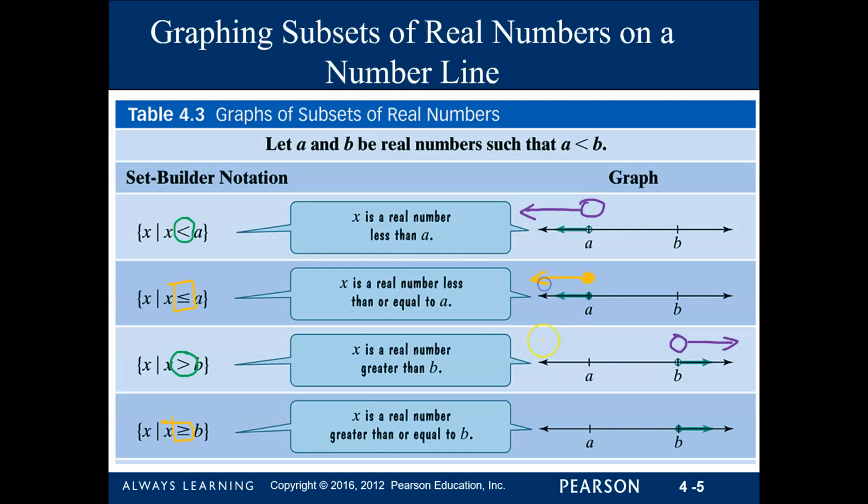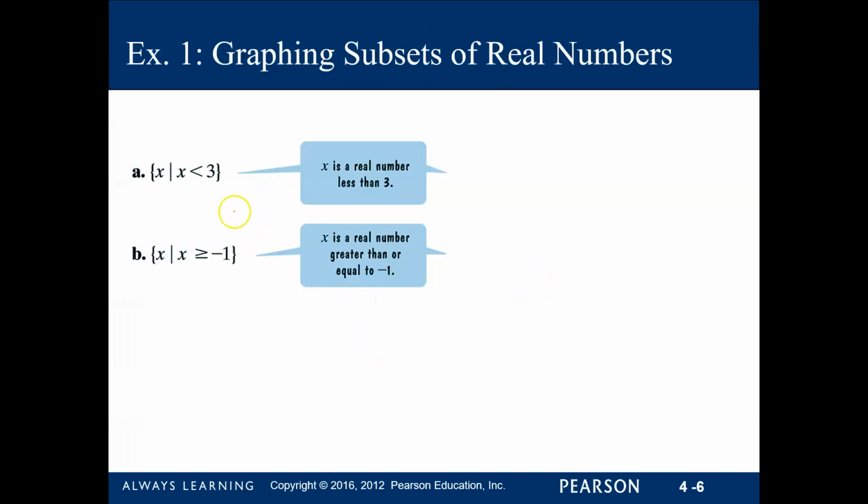And then because they are less than, going to the left, solid dot, and then going to the right for greater than or equal to, all right? Again, the main difference is if you do not have the equal to symbol, then the dot is not shaded, all right?